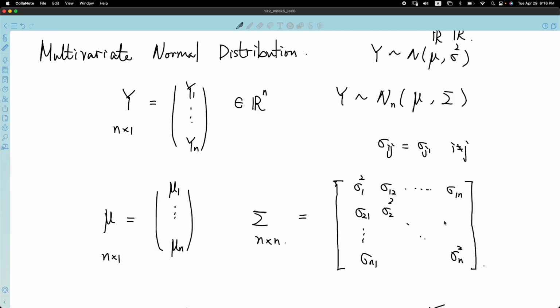And similarly for all i not equal to j. So the entire matrix is symmetric. That means you can flip it and it is just itself. That is just a property of the multivariate normal. For all covariance matrices, they will all be symmetric and positive semi-definite. But that's something else we'll talk about later.